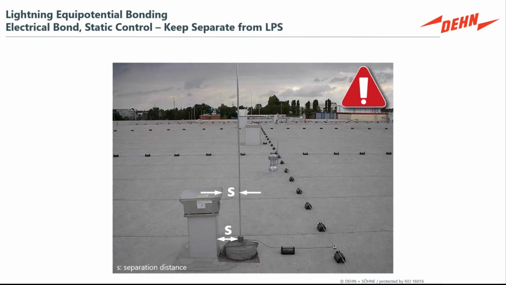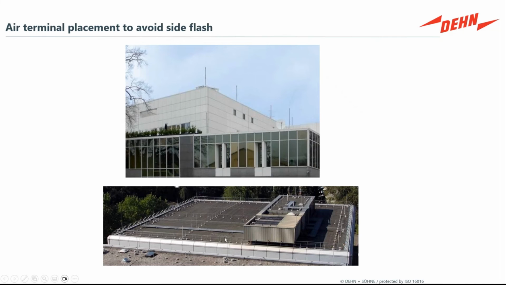Maybe it's a temperature control box on the roof or a photo sensor or a camera. The point is you may not want to bond and inject lightning into it. So separation and bonding distance are very critical to understand. And in a complicated environment and data centers, you're going to have a lot of opportunity for roof mount chillers and structures that are going to impact the placement of your air terminals.